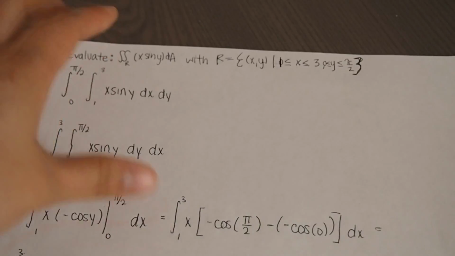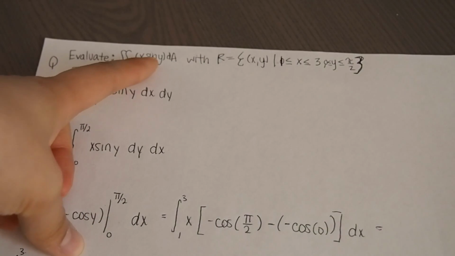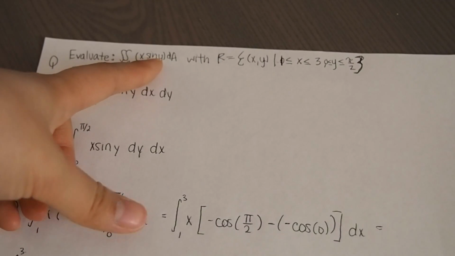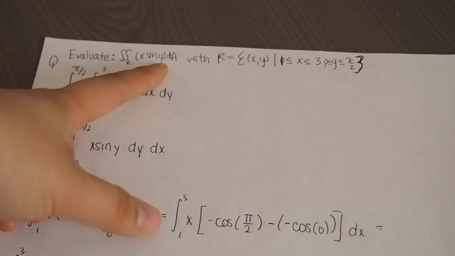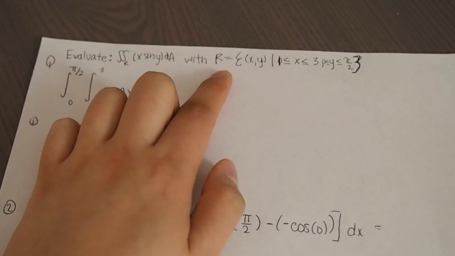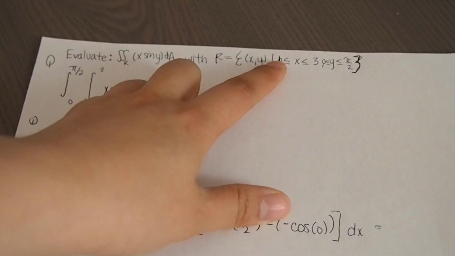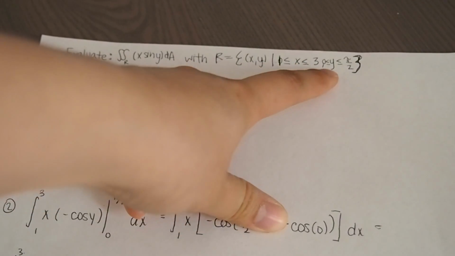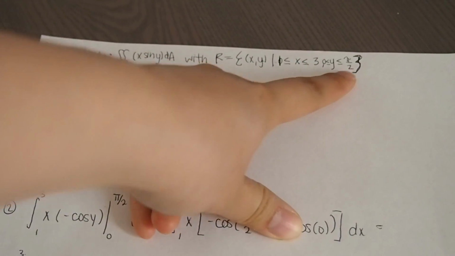So we're given the function x sine y, and we're trying to find the volume with our givens that x is between 1 to 3 and y is between 0 to pi over 2.